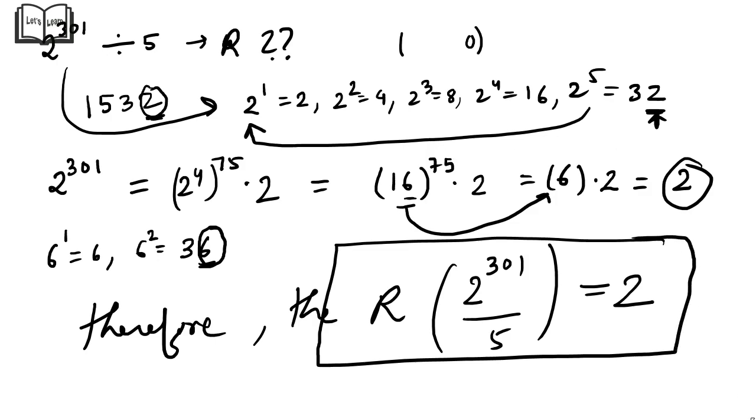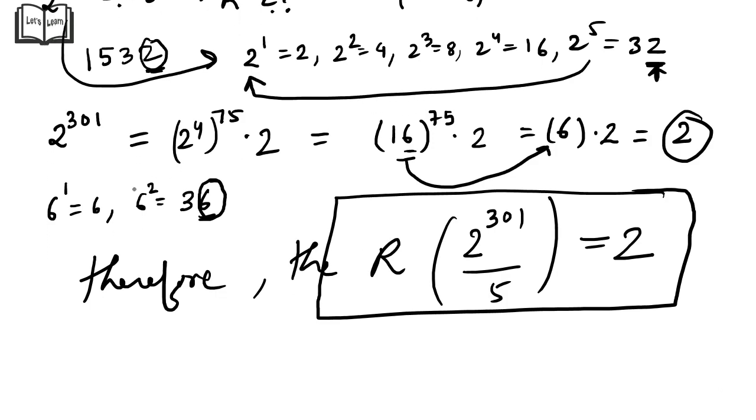One more thing I would like to say is that suppose you are given a different number, say 2 to the power 301 divided by 15, and you are asked to find the remainder. Then instead of one digit, you may have to take two digits, the tens and the units digit, to solve this kind of problem.